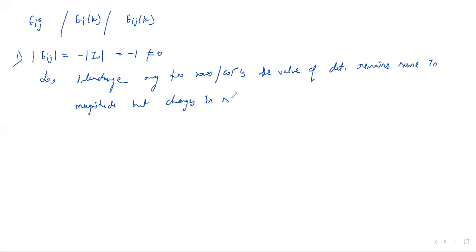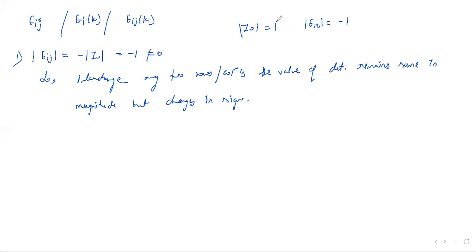This is the result we got. The determinant of the identity matrix is 1, and when we interchange the rows of the identity matrix, that is E12, the determinant of this is minus 1.